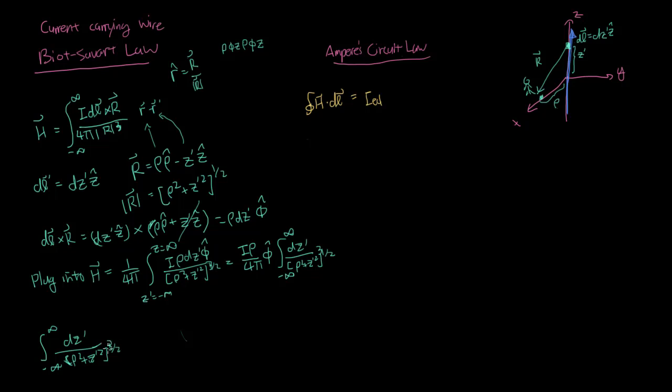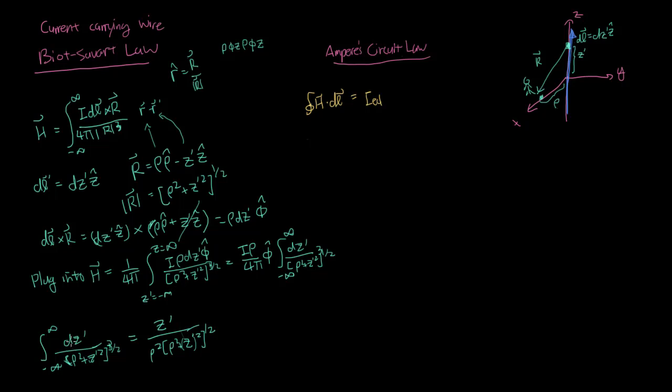So now you're going to look at the integral of dz prime over rho squared plus z prime squared to the 3/2 power. That is going to be equal to z prime over rho squared times rho squared plus z prime squared to the 1/2. And I don't know what brilliant grad student figured this out to make that table as their contribution, but they are immortalized as far as I'm concerned in this problem.